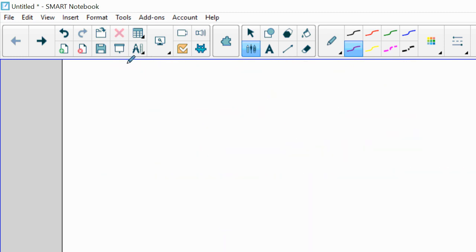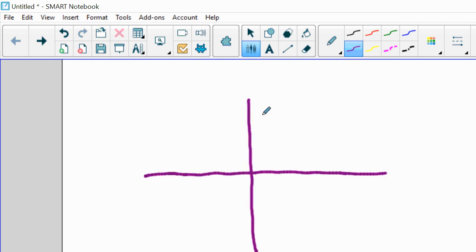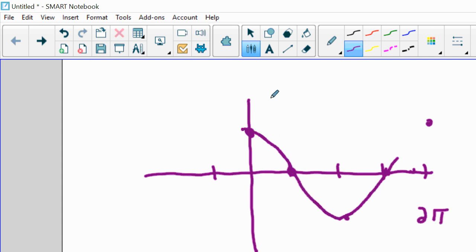Now, I'm going to do a really easy one here. The graph of cosine looks like this. One more tick, 2 pi. Extend. And then we can extend back even farther.